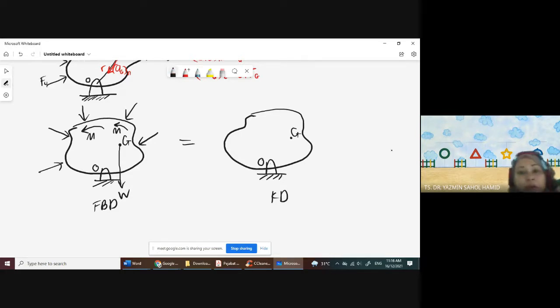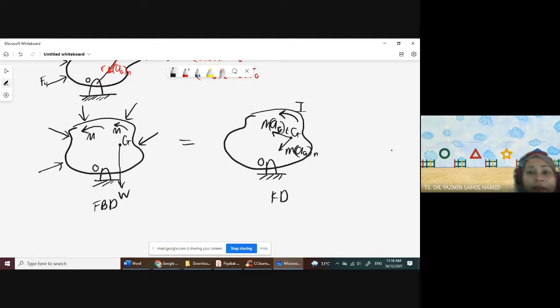This is going to equal the kinetic diagram. So in the kinetic diagram, what are you going to have? Remember? M, one is M AG normal and the other one is M AGT. And because of the moment, you will have what?